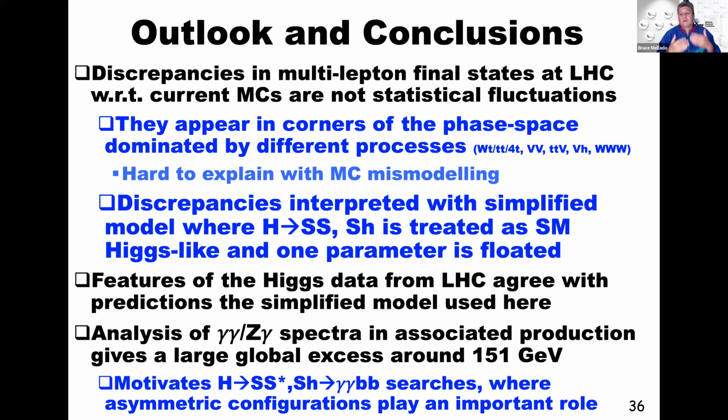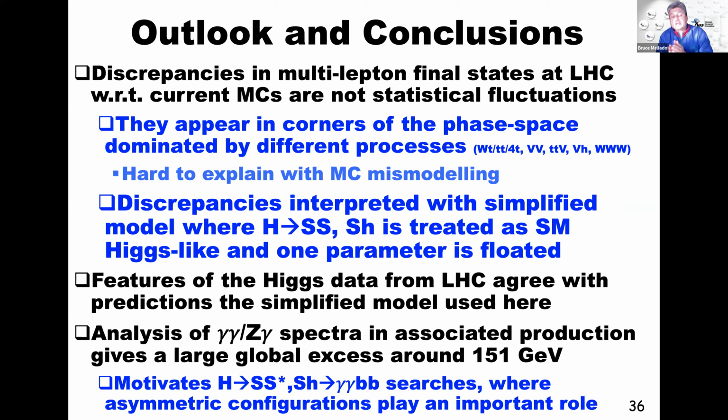So we cannot solve this problem by tweaking a t t-bar Monte Carlo, because then you basically leave the other excesses unchanged. This is certainly something way, way, way more complicated that seems to be pointing to something way more interesting than just mismodeling.